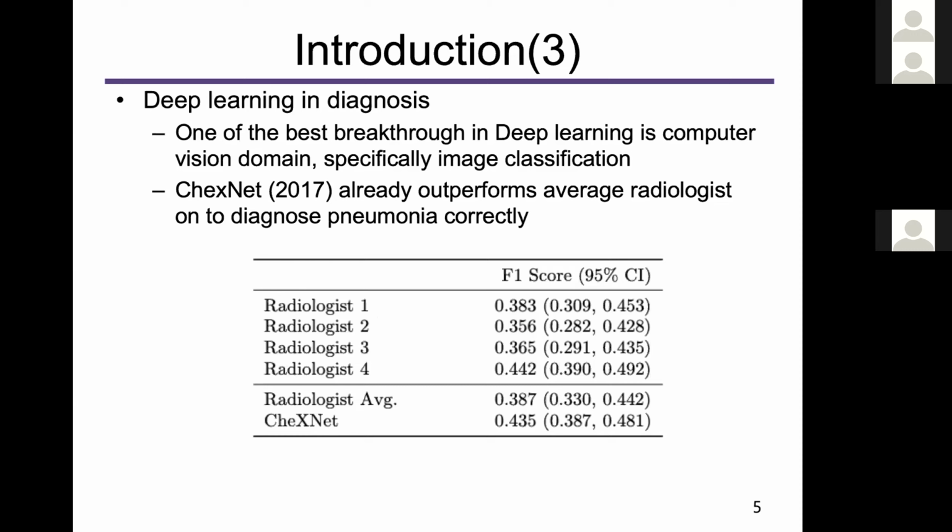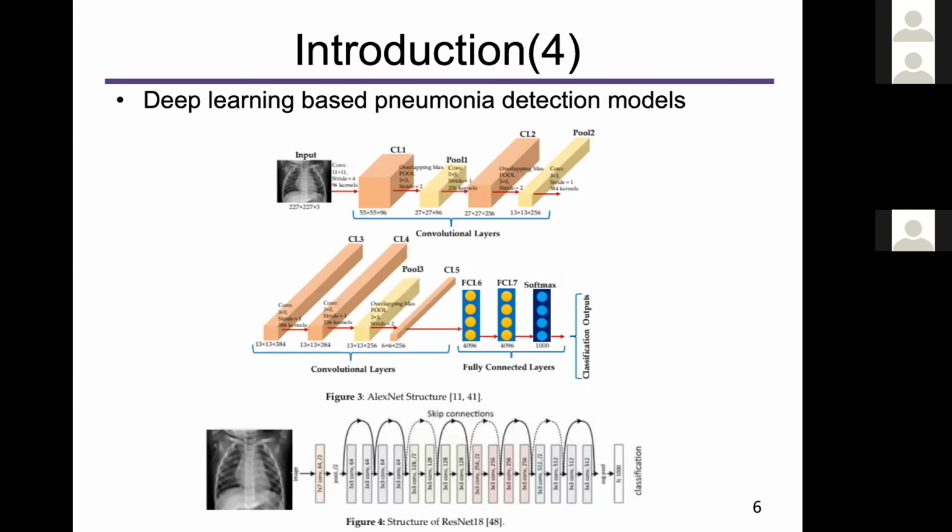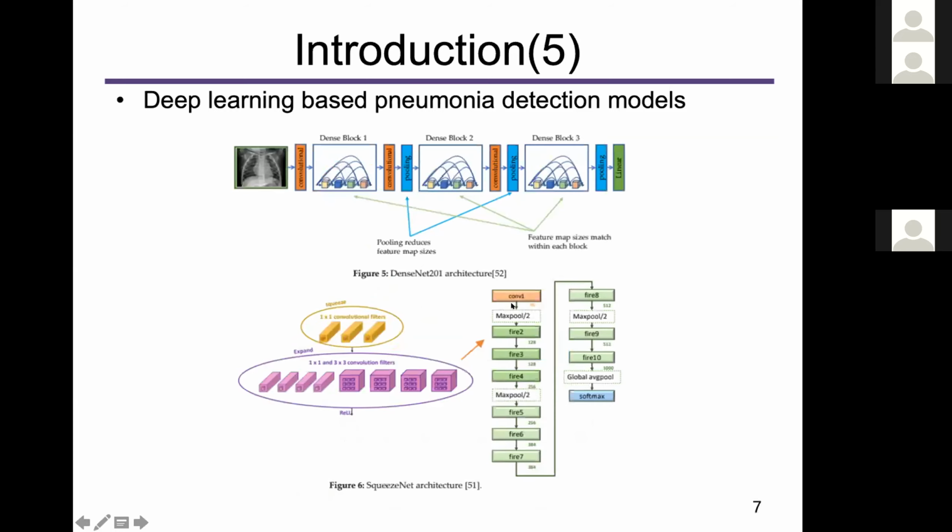And this CheXNet uses DenseNet, and other than DenseNet, there are many famous neural network architectures for image classification. In another paper, they introduce many applications of architectures. In this figure, somebody uses AlexNet for pneumonia detection, somebody uses ResNet, another has DenseNet like CheXNet, and there's another architecture called SqueezeNet.